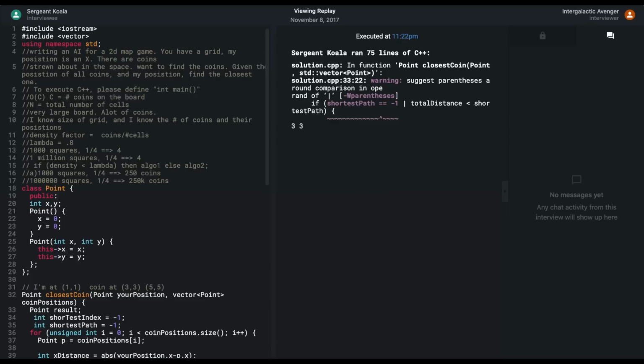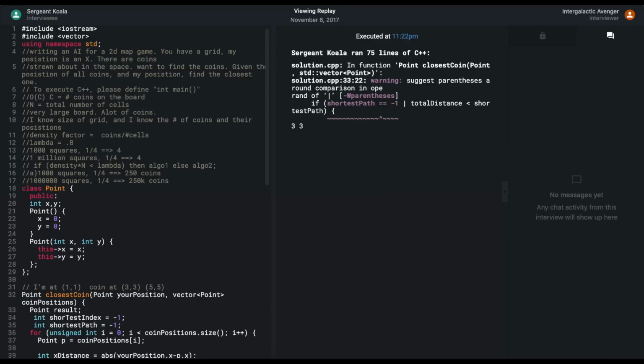Yes, so there is a cutoff. That's true. I'm looking at values like 1/4 or 1/8 or 1/10. You're certainly right that as that coins per cells number stays the same and the board grows, it becomes more and more likely that the search algorithm is going to be better. But there definitely is a cutoff.